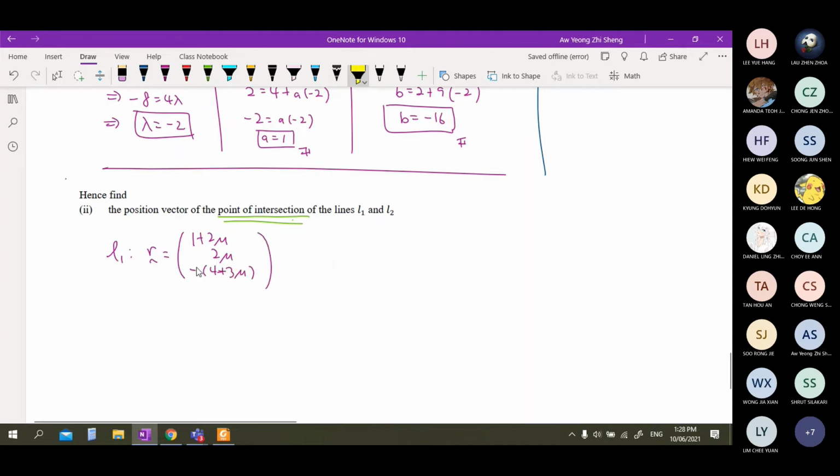Be careful with the negative being outside. That means you have to distribute your negative to the two terms. Which means (1, 0, -4) is the fixed point on L1. (2, 2, -3) is the one that is multiplied by mu.